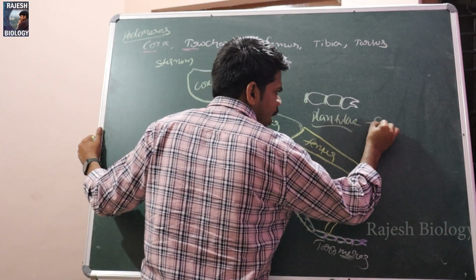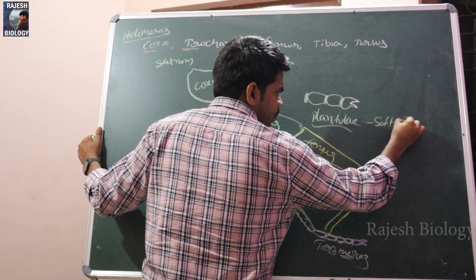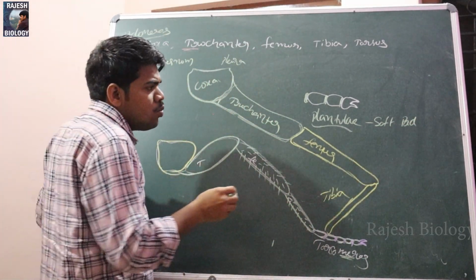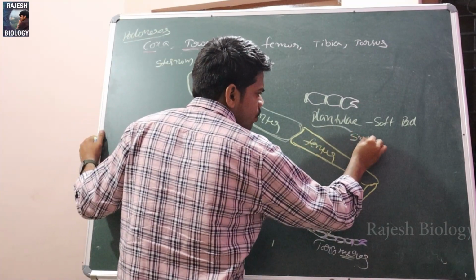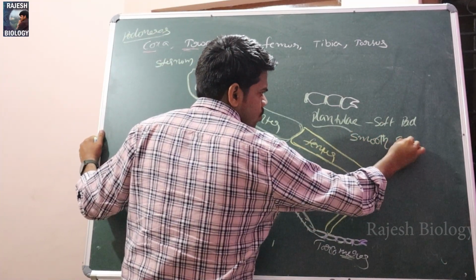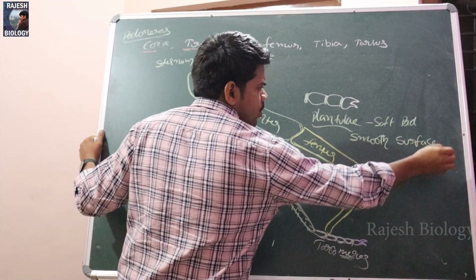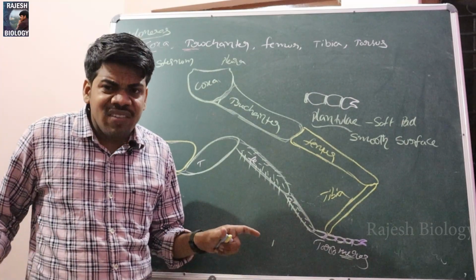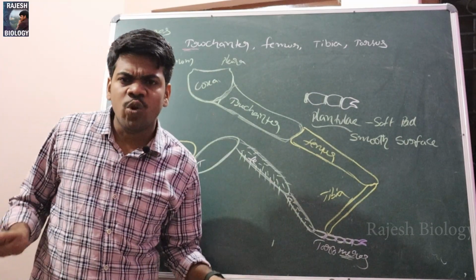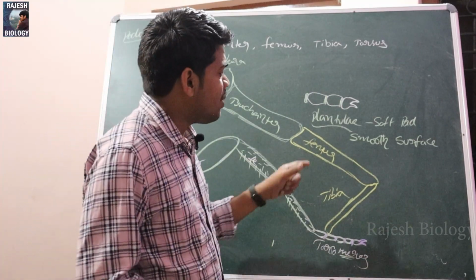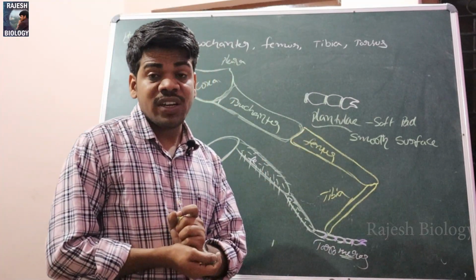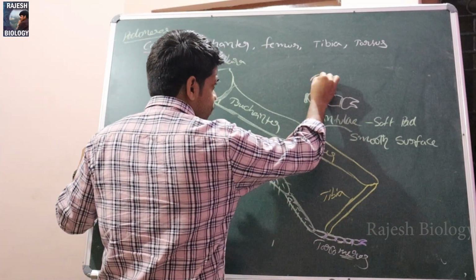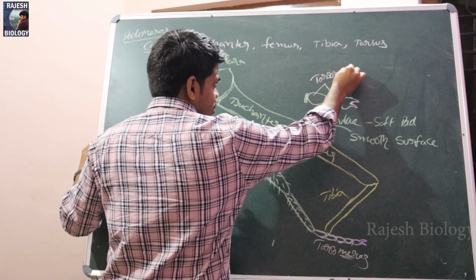Plantulae is a soft pad which helps in walking or running on smooth surfaces. It is very helpful for attachment, and the cockroach can easily move on flat and smooth surfaces because of the plantulae. That is the main function of the plantulae. How many tarsomeres are there? 5.